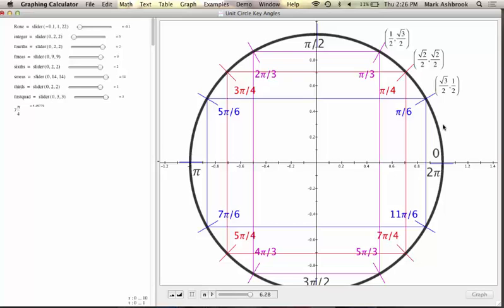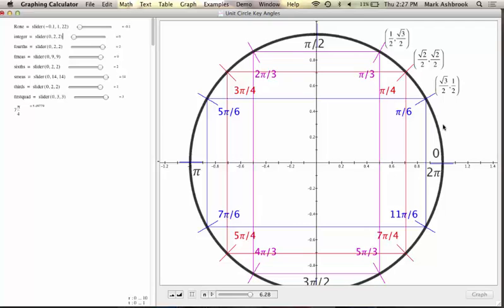What is the sine of 3 pi over 4? Positive or negative? Why positive? Because sine measures vertical distance above the horizontal diameter, so the sine of 3 pi over 4 would be positive radical 2 over 2.